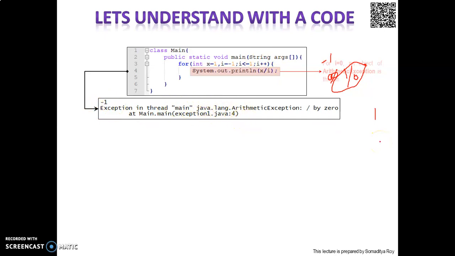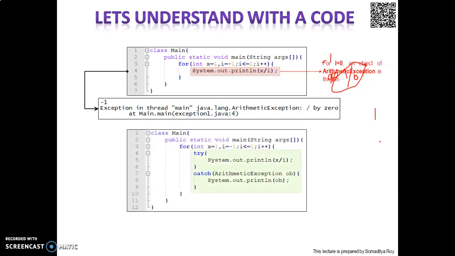So how can this type of scenario be handled with the use of the try-catch block? Well, let us bring the try block. As we already know, we put only those instructions in the try block where there can be an exception. So this is that instruction where there can be an exception, and we put that instruction within the try block. And now we bring a catch block which is able to catch an object of ArithmeticException.